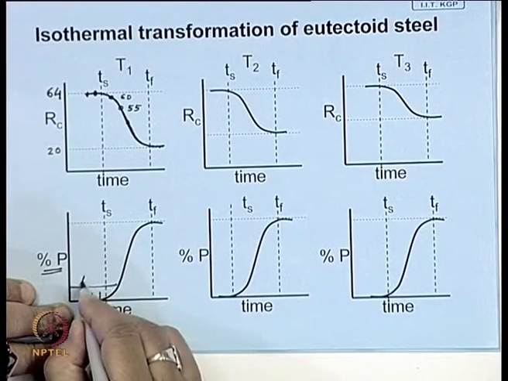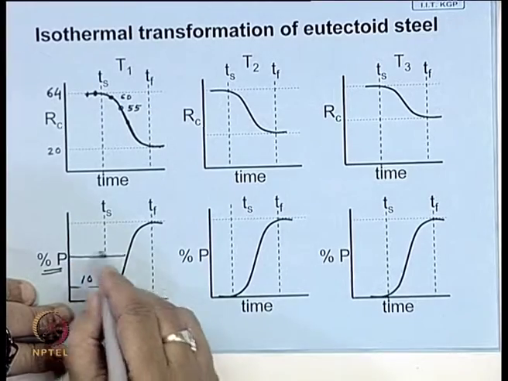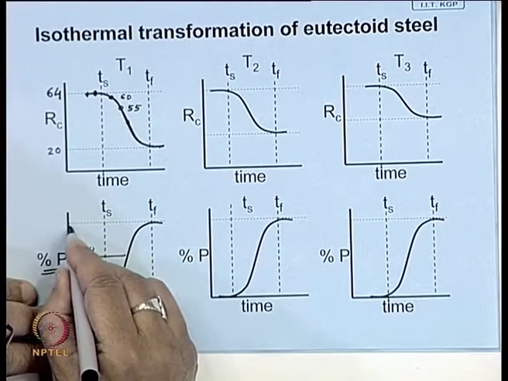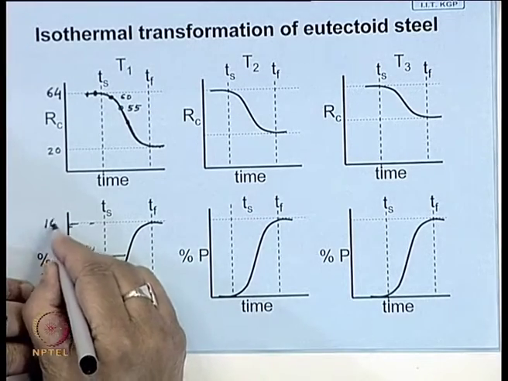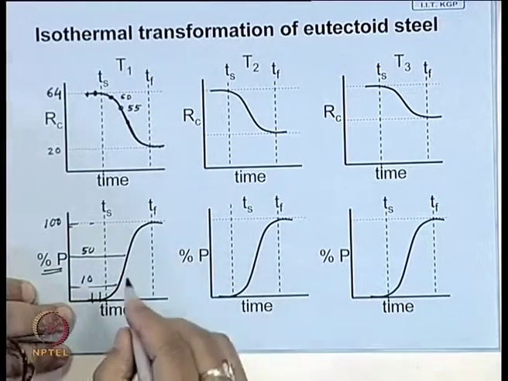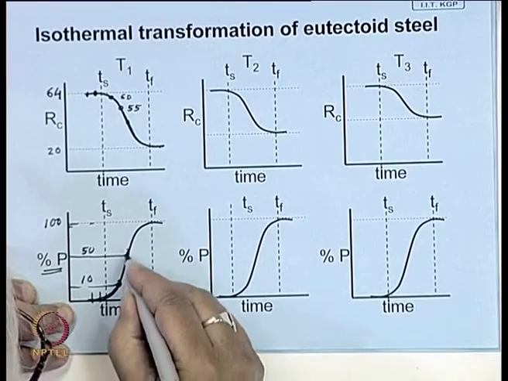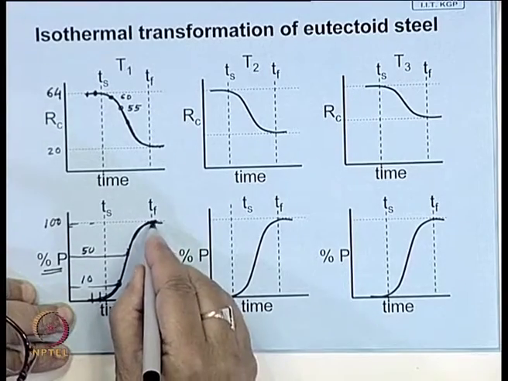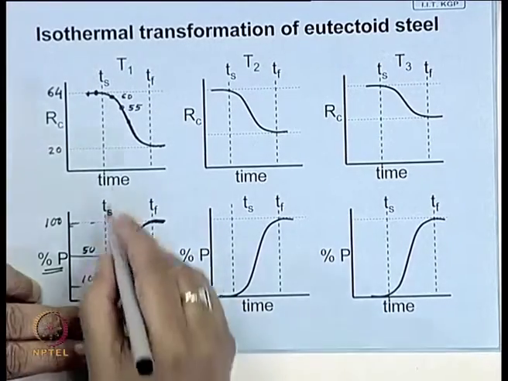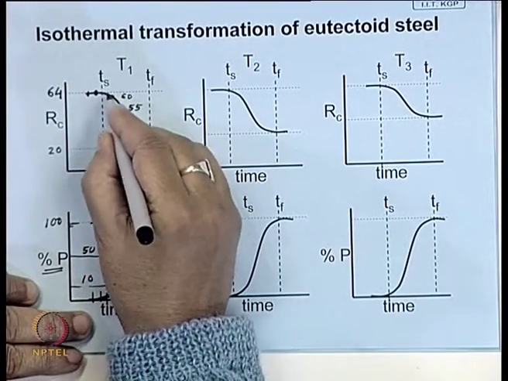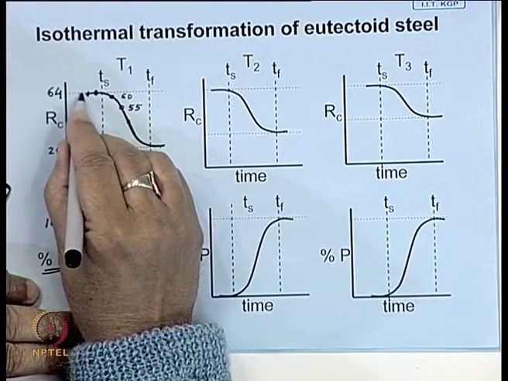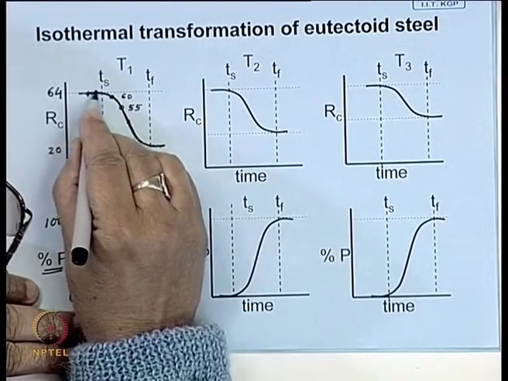Maybe here it is 10%, here it is 50%, and here it is 100%. And here also if you join these points, you get this type of sigmoidal curve, and then from here, you try and find out where it starts deviating from this peak value.